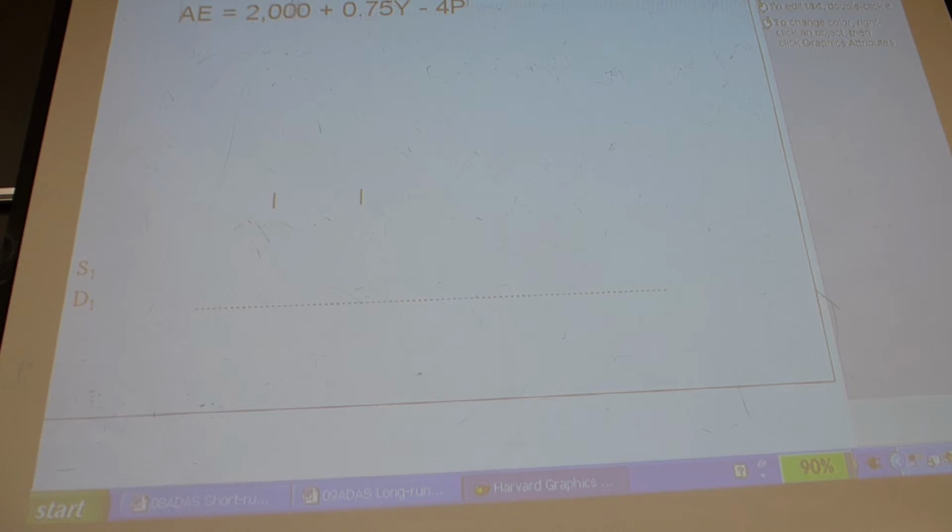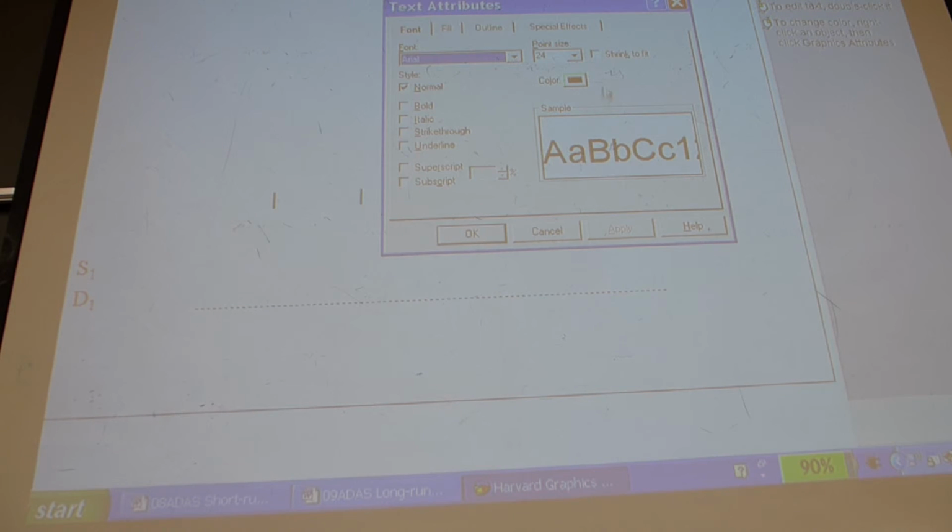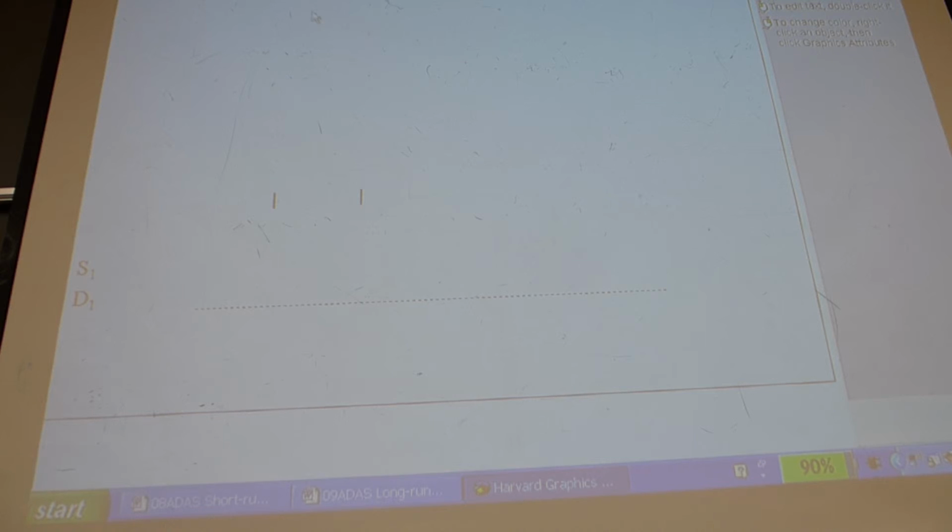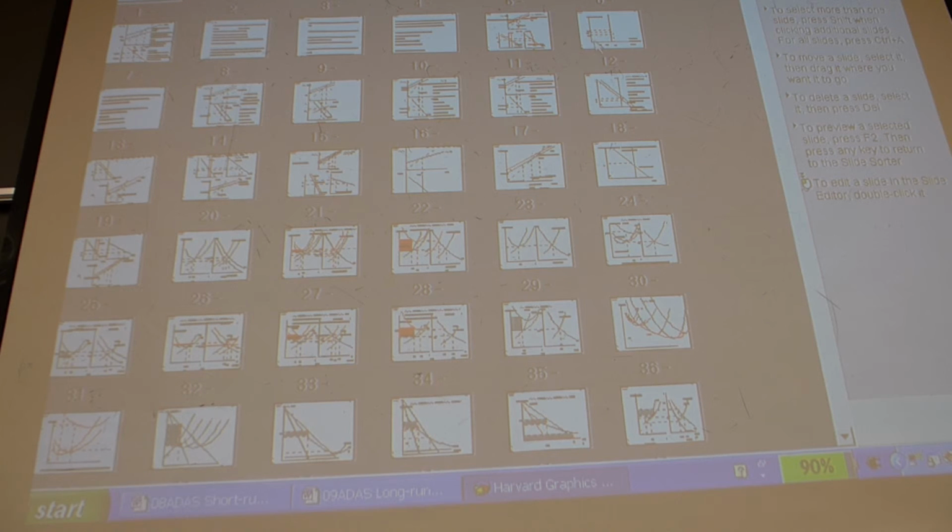Like that, all right? And then we know that that implied that aggregate demand was 8,000 minus 16p. Notice if p was 0, aggregate demand would be 8,000.